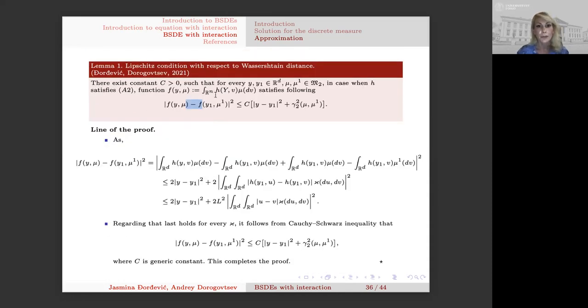Assume that your interaction for heavy particles is not linear like in your model, but just f of y, mu. The function f is Lipschitz continuous in this sense. Yes, I understood. Then probably you can prove also existence and uniqueness. Yes, I agree, because we can now use what we already proved for this particular form of f.